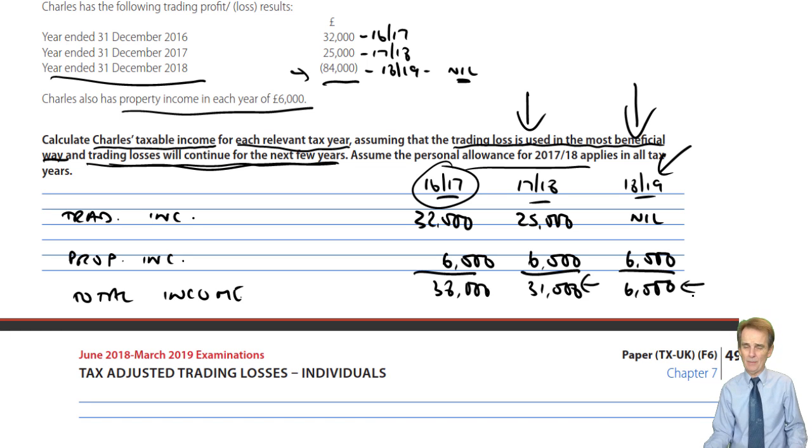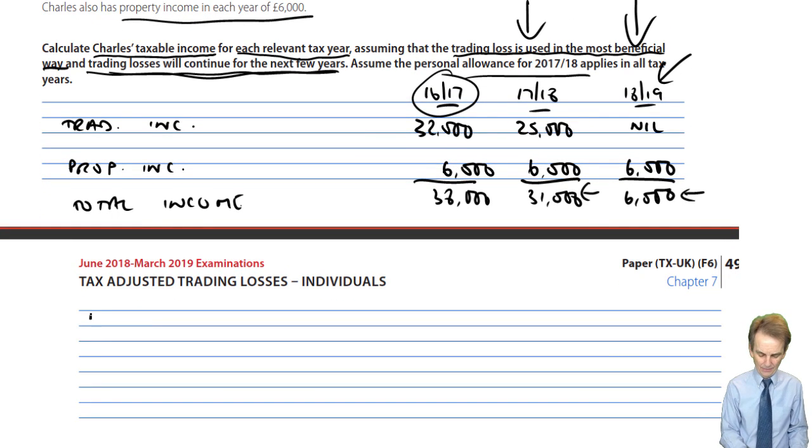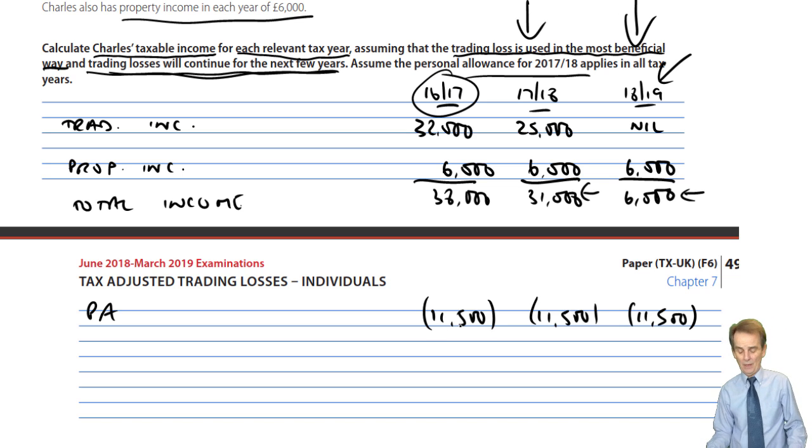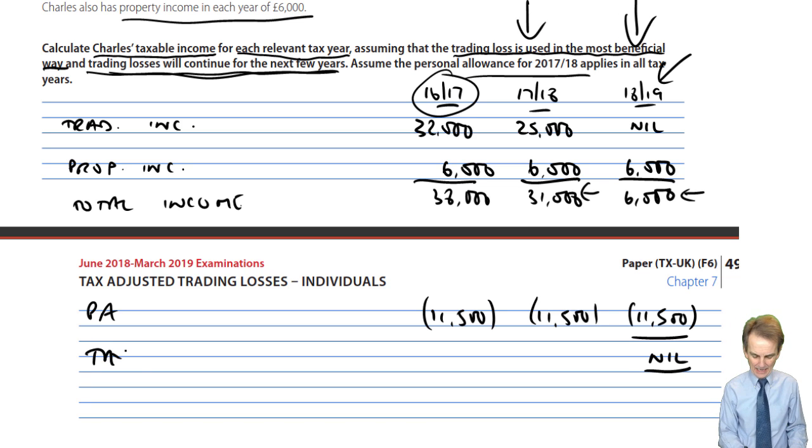Now, I hope you're going to be telling me, it's going through your heads, no. Because, of course, what would you already have available in each of these years? A personal allowance of £11,500. Again, we use the same figures across the board here. So we know that in terms of taxable income, that's going to be nil anyway.